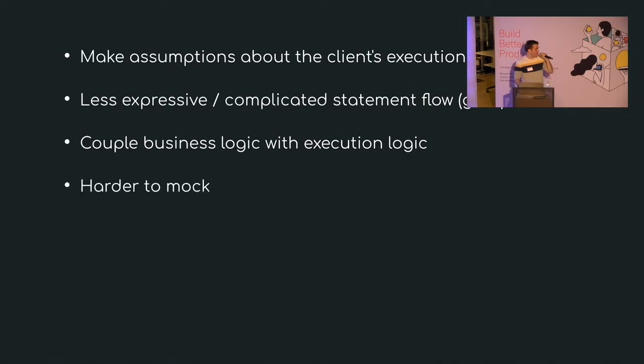Asynchronous APIs sometimes are hard to mock. If you're using Mockito, like most people do, I believe, and you have a dependency that is an asynchronous class, when you want to mock that asynchronous method call, you have to do something like when, method call, then answer, and then in your answer you have to grab an instance of the argument passed to that call, which is a lambda or a callback, and then explicitly call that.